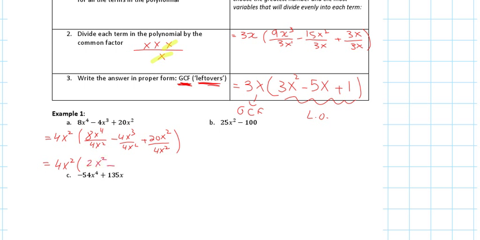Minus 4 divided by 4 is 1. x cubed over x squared is x. And then 20 divided by 4, x squared over x squared, they cancel each other, no? So it's just 5. Are we okay with this?